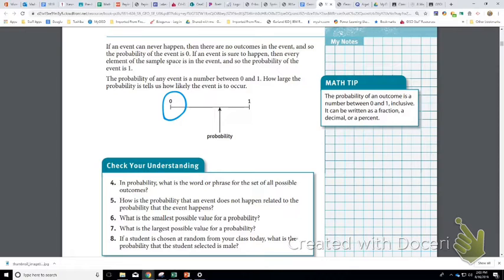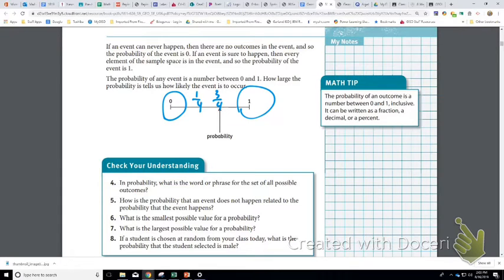If an event is sure to happen, which one was sure to happen? Greater than 0, were they all greater than 0? Yeah. Right, so that was our 1. And then what did we have in between? We had a 1/4 and we had a 3/4. Okay.